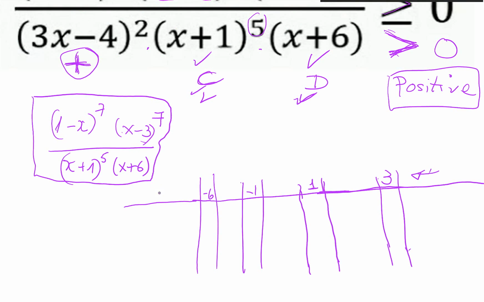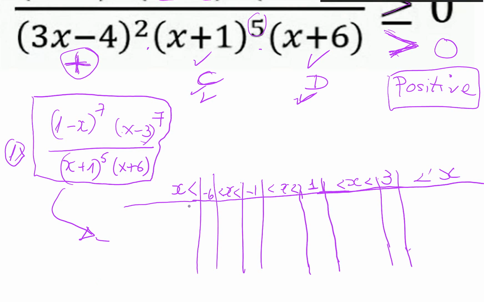The values of x may be less than minus 6, between minus 6 and minus 1, between minus 1 and 1, between 1 and 3, and greater than 3. Let's see what happens with this expression here. Let's call it 1.